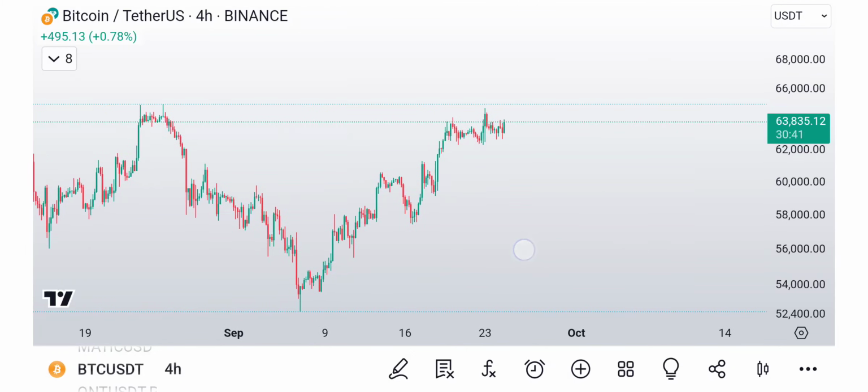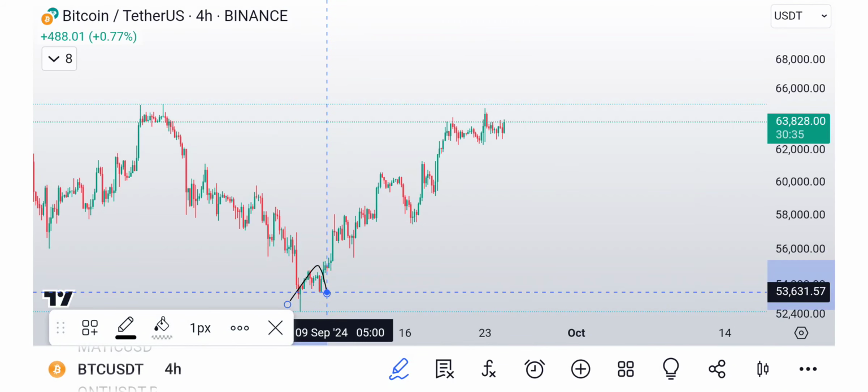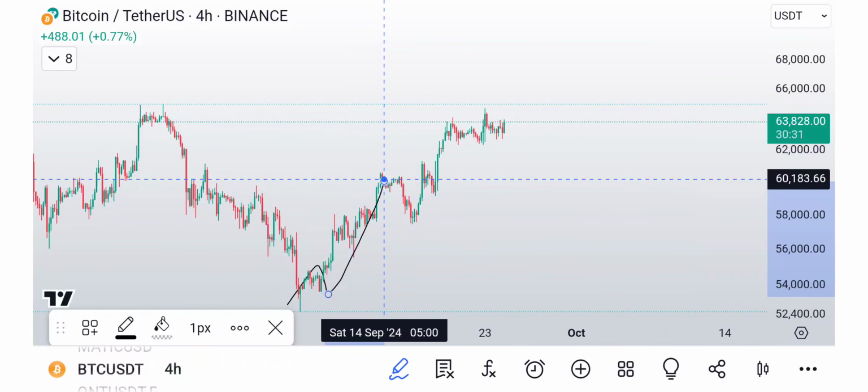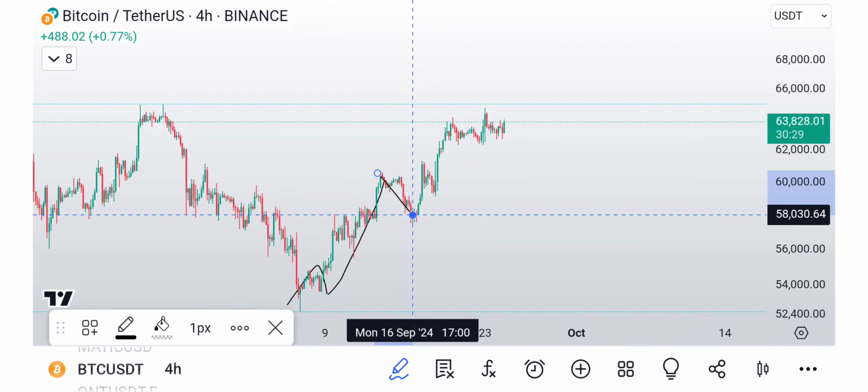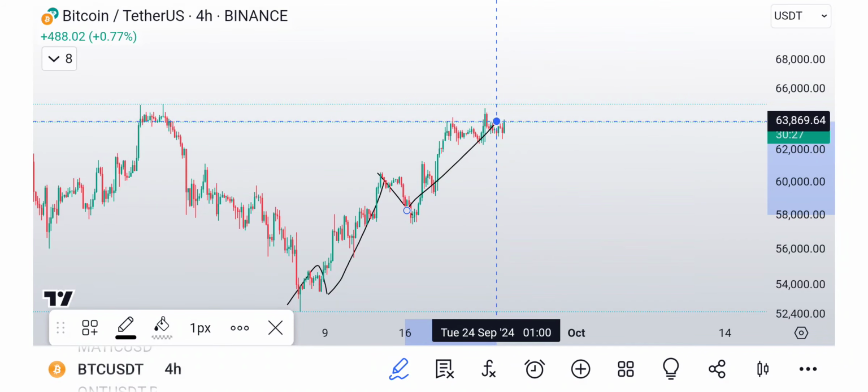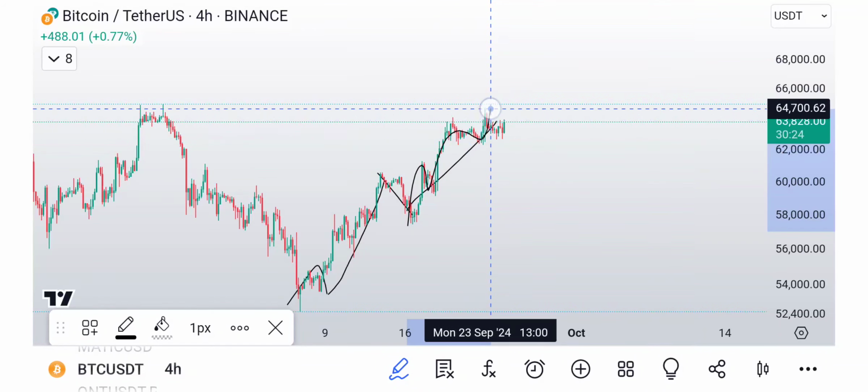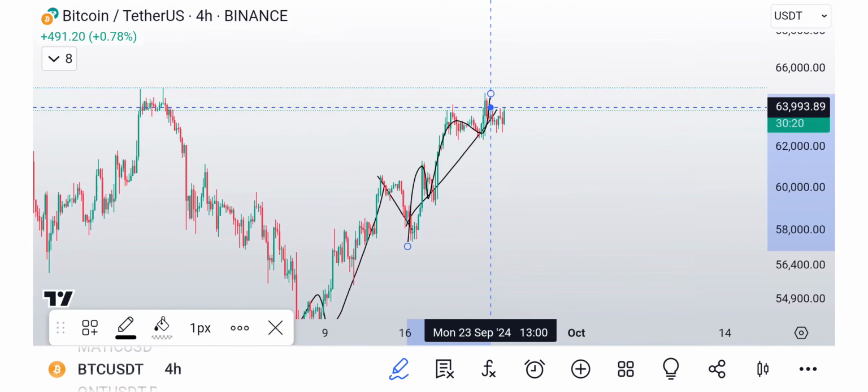Another thing too is that this whole thing can be interpreted as one wave. So 1, 2, right? And then all of this is 3. This is 4. And this is 5. And in wave 5, you have 1, 2, 3, 4, 5. So it's finished. So this is a finished 5-wave move. It's complete.